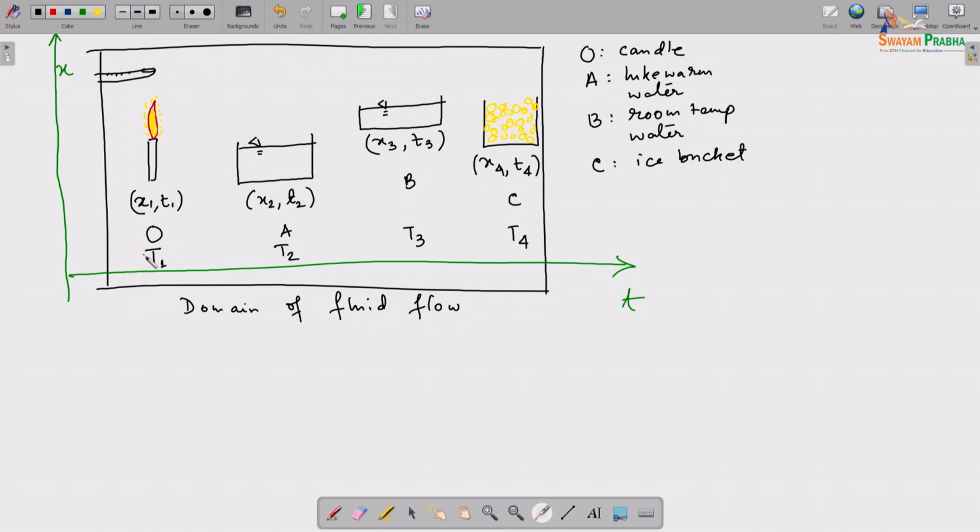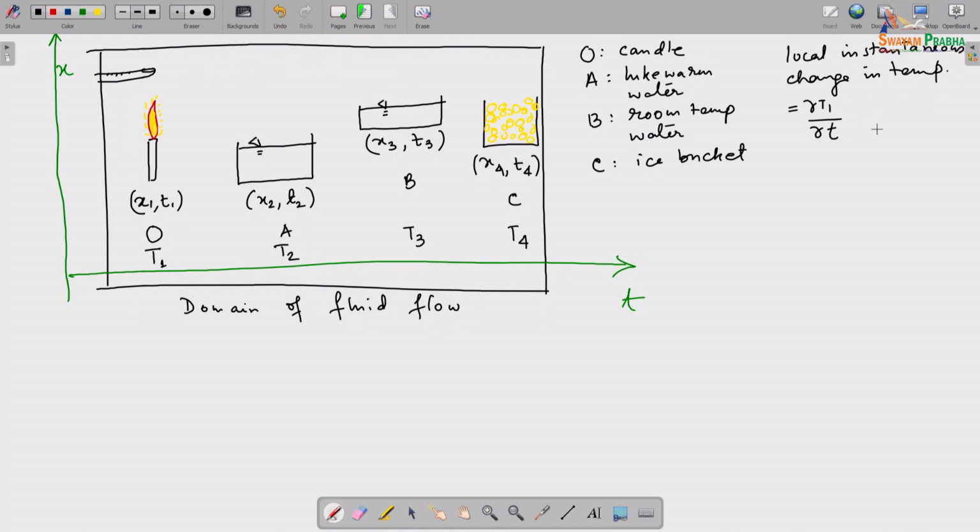So, that change in temperature is going to be, so I am going to write that here, that the local instantaneous change of temperature is equal to this.